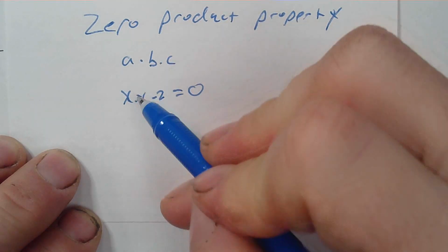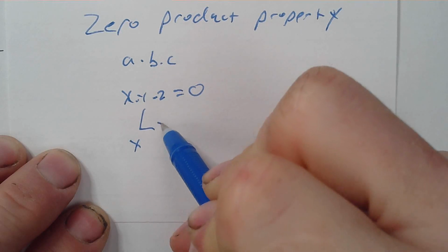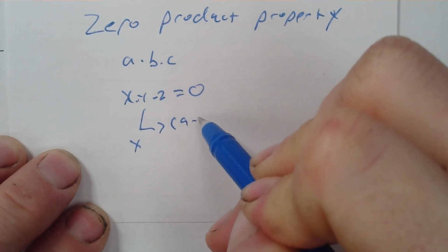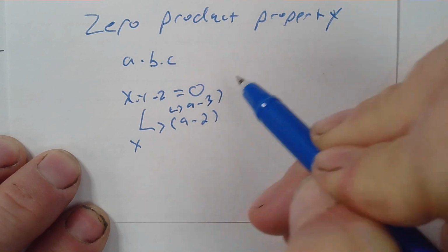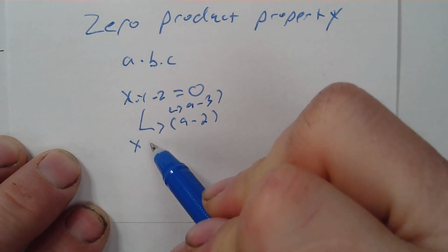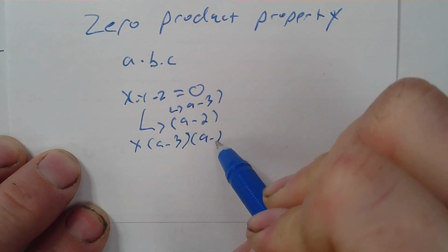Well, if you remember, if I have three things lined up, like an X, and then Y is like A minus 2, and B is like A minus 3 or something like that, this would be the same thing as A minus 3 times A minus 2.